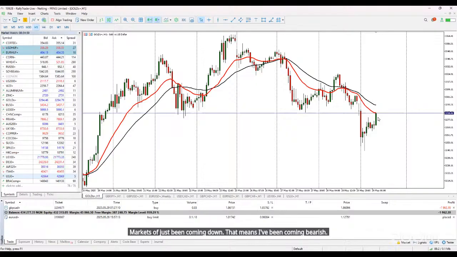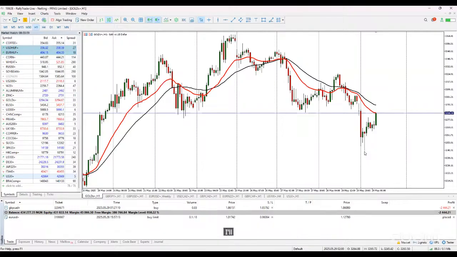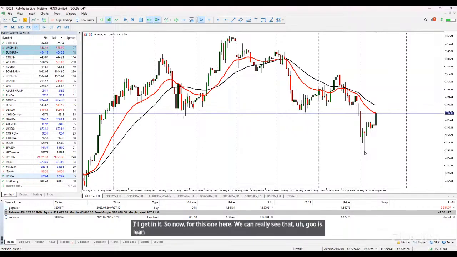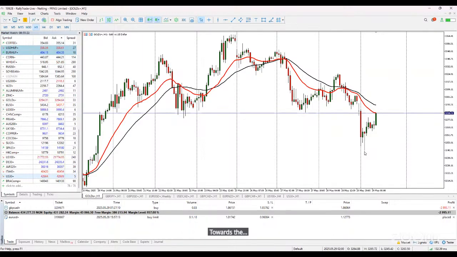Now, for this one here, because it is gold, market cannot just be going down, down, down for a very long time. Are we getting it? So now, for this one here, we can really see that gold is leaning towards the, what? Towards the bullish movement.